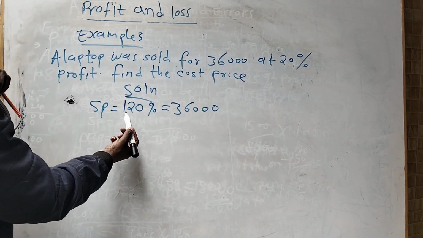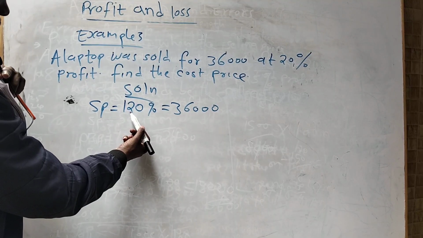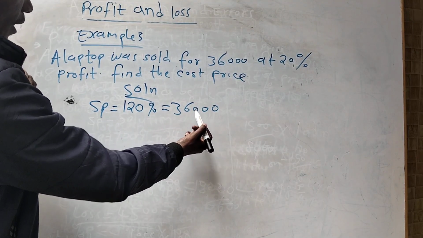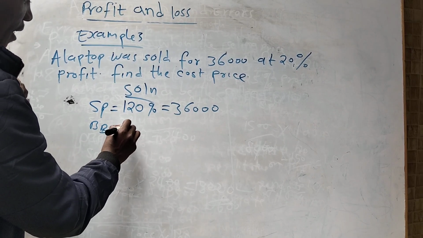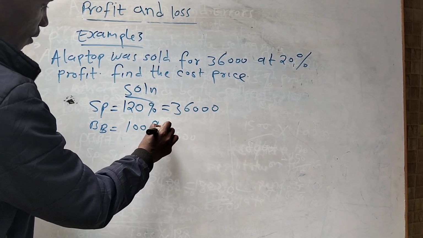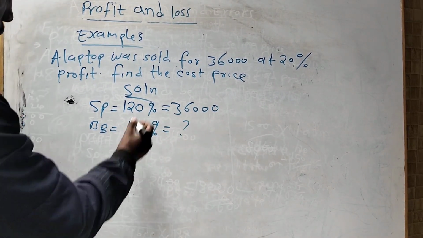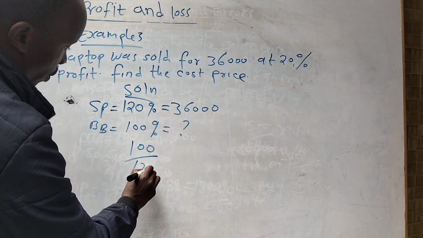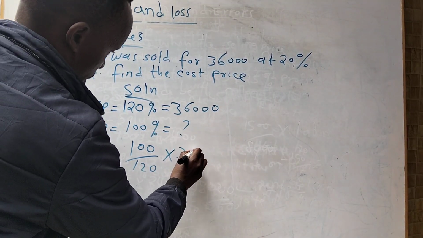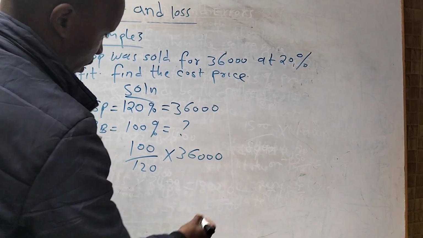Now, if our selling price is 120% and it is equal to that 6,000, so what is our buying price, which is at 100%? Okay, so this is what we do. We come and say 100 over 120 times that 6,000.